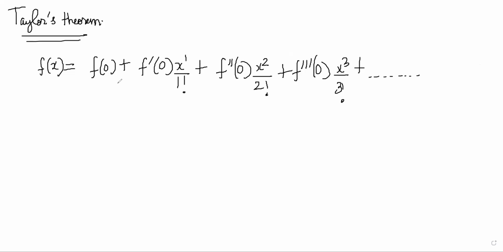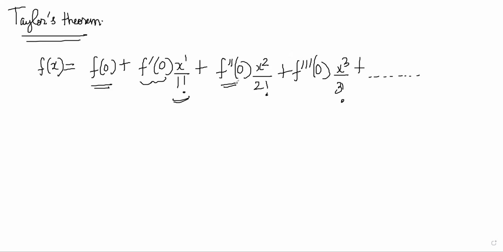Notice the pattern here. First thing is f of 0, the value of the function at 0. Then the second coefficient is the derivative of f x, and then put the value 0 in that, and x power 1 by 1 factorial, that is the x coefficient. Similarly, the second one is the double derivative of f, put the value 0 in that, and x square by 2 factorial.